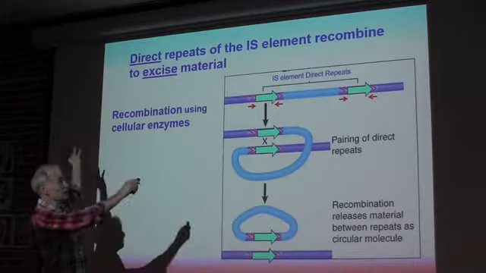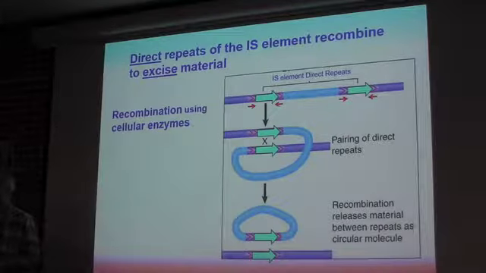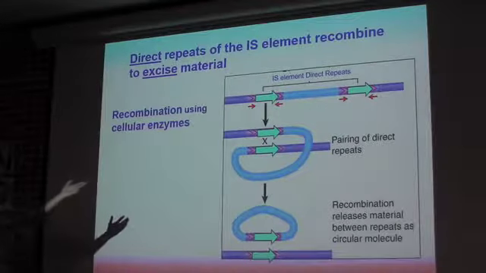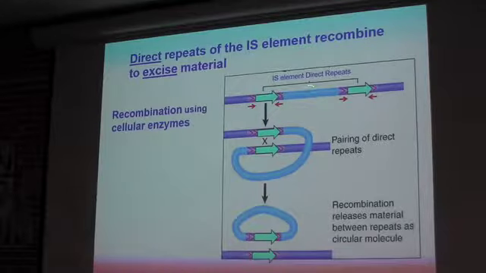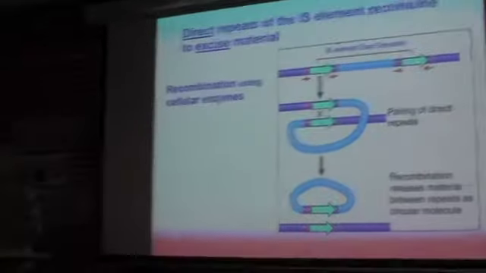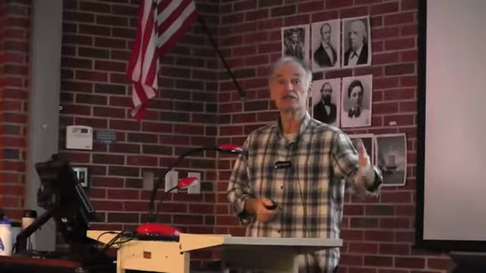It doesn't move as a composite at all. But it could be that situation, or this could represent a composite transposon. The functionality of the transposon itself is irrelevant, because this is what the host does just because it's homologous, two copies of the same DNA.